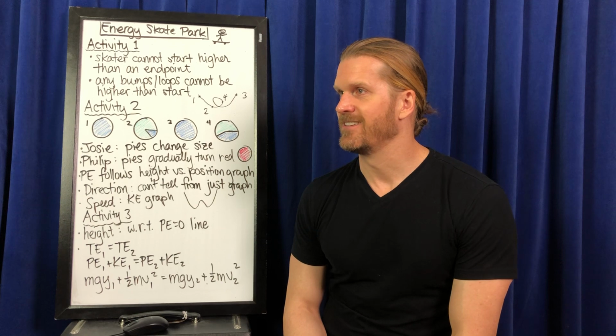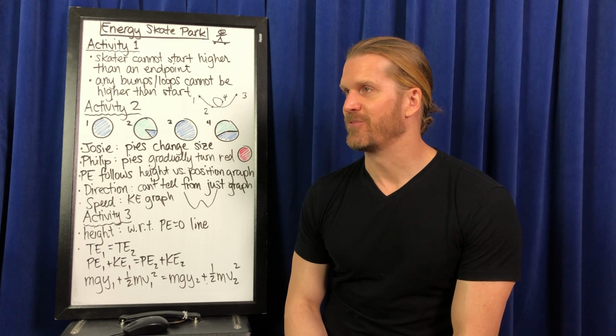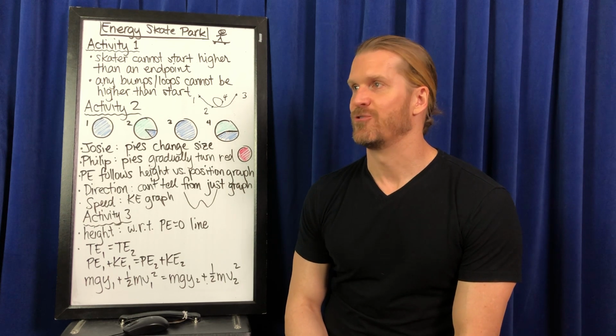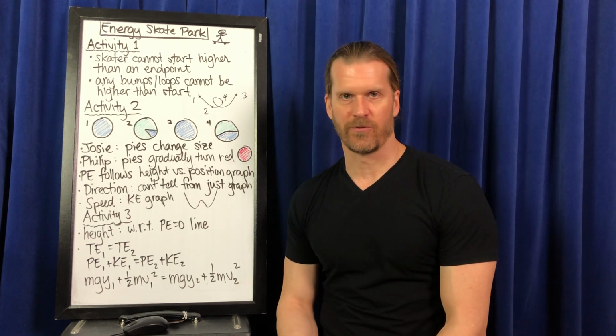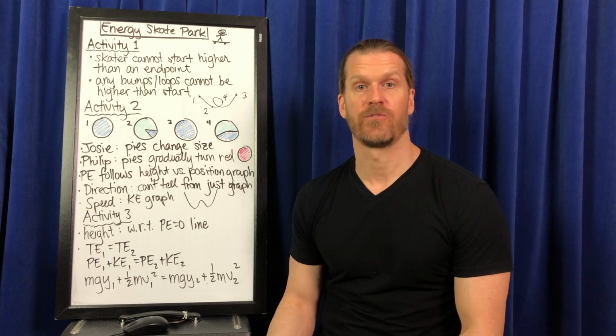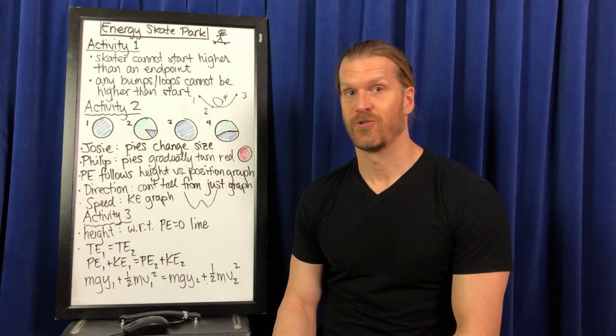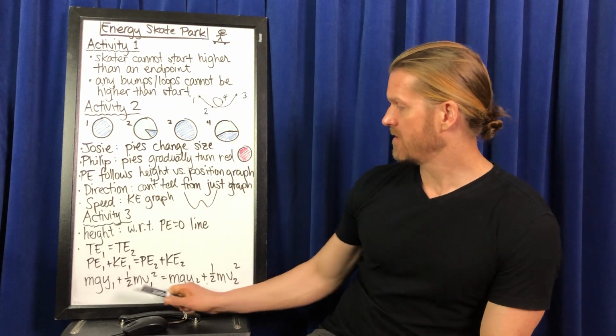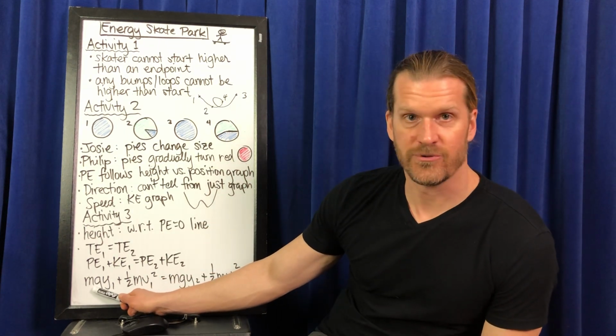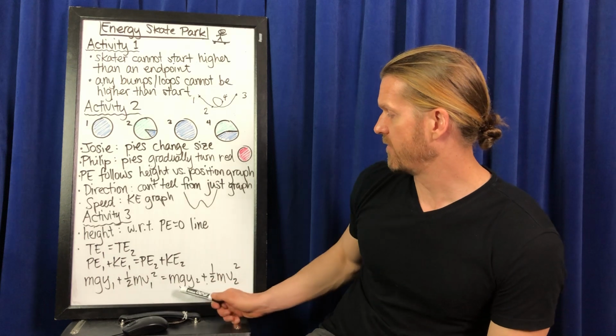So last question, what happens if you moved everything to Jupiter? In other words, what would happen if we changed how strong gravity is? Well, everything stays the same except this number g will have a different value.